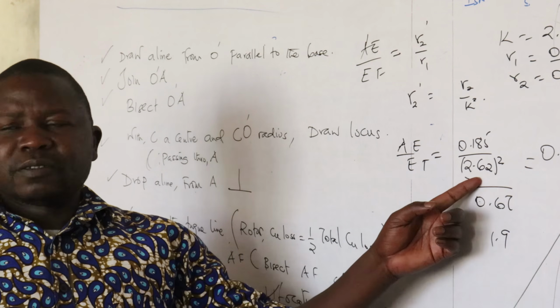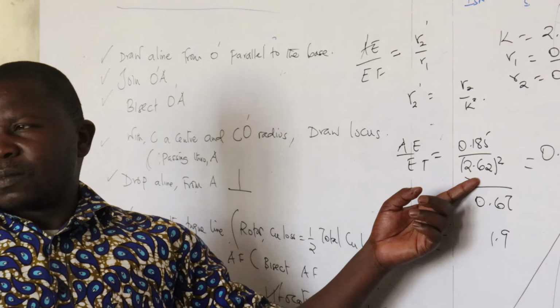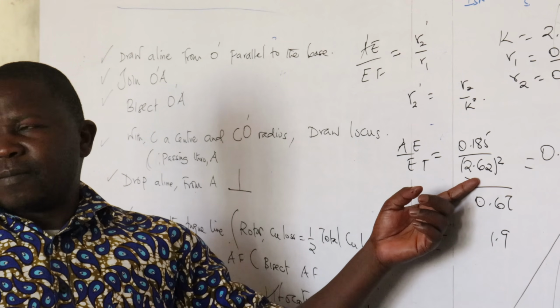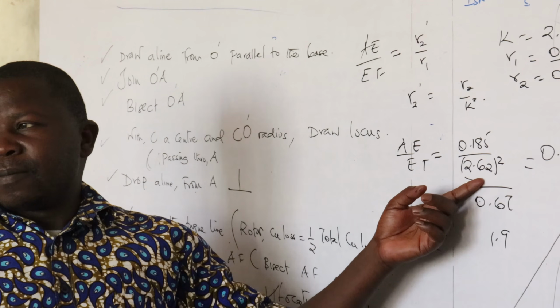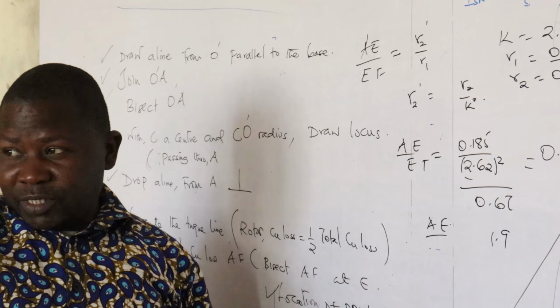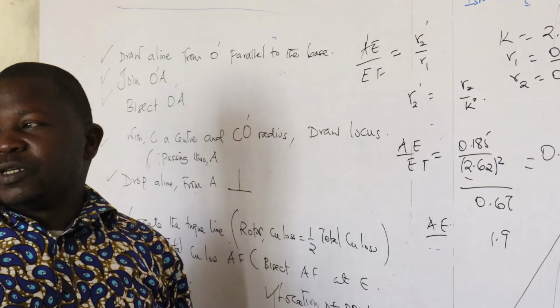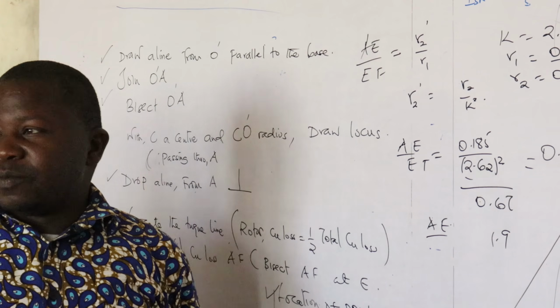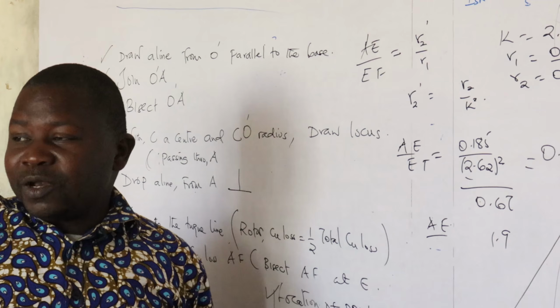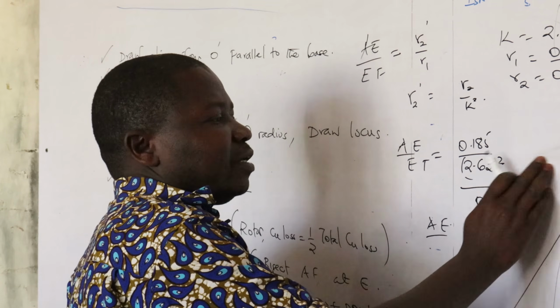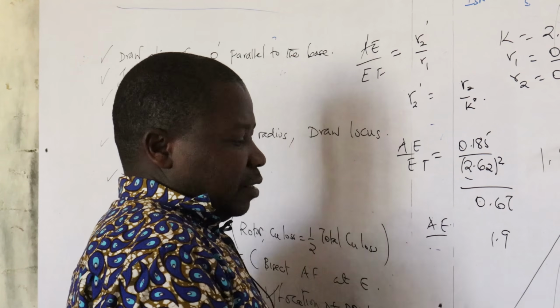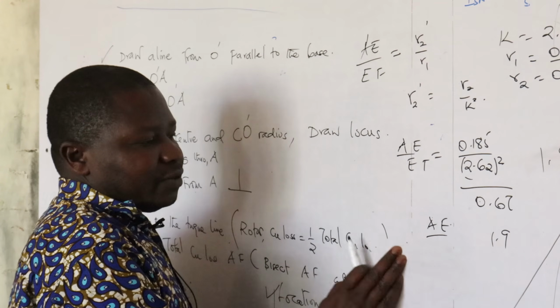Now deal with this first. It will be 0.185 times 2.62 squared all over 0.67, which is 1.9. So please listen to this.